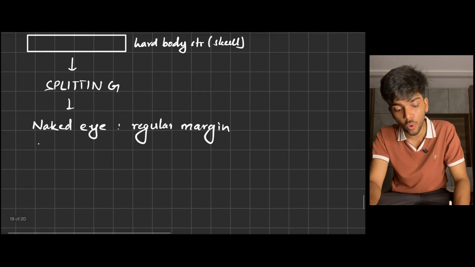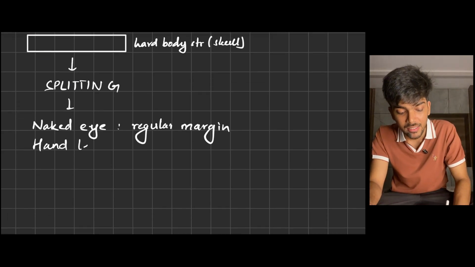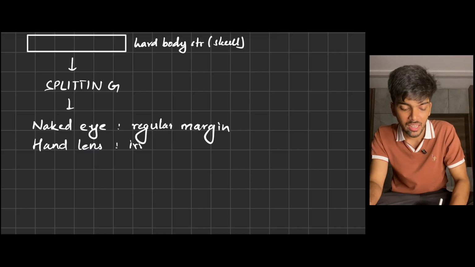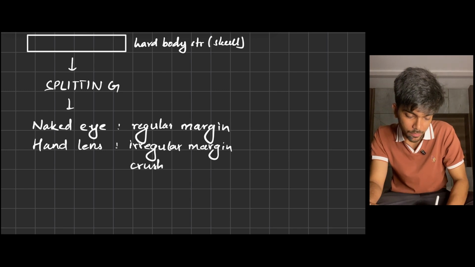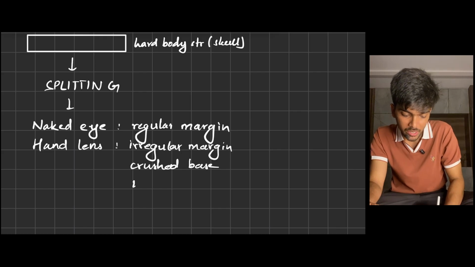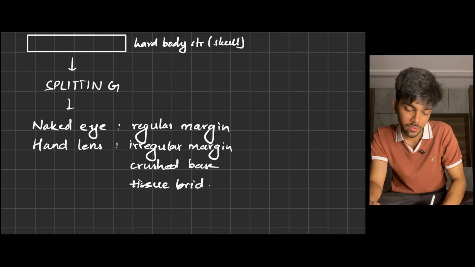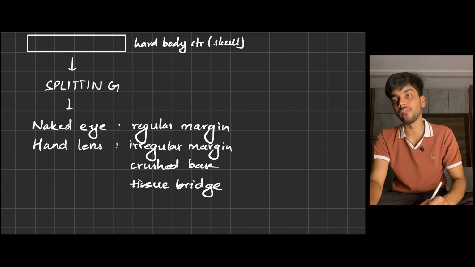When you use a hand lens, you can appreciate the irregular margin, the crushed base, and the tissue bridges, which are characteristic of laceration.